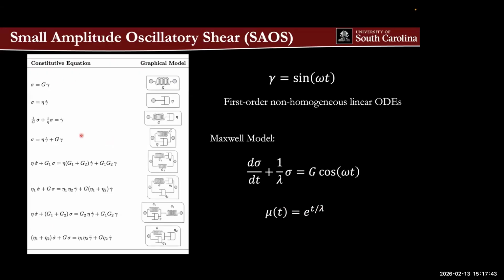If you notice, on this side all the constitutive equations have first derivatives on sigma, and on the other side they have gamma alone, first derivative, second derivative. But remember that gamma is a sine. So what you get for any of these models under this flow is a first order linear ODE with sines or cosines on the right-hand side of the equation. And this can be solved by just integrating factors.